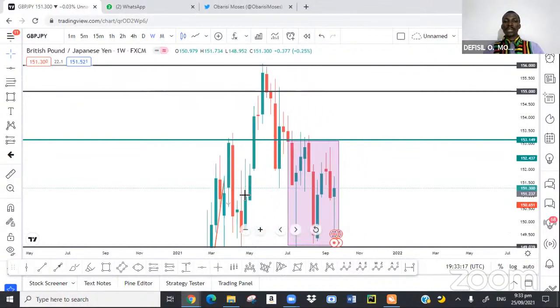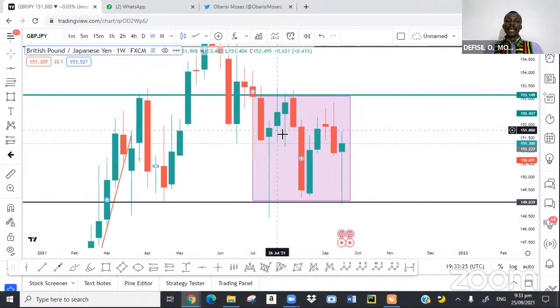Now this is what I'm talking about. This ought to be an area of pullback. After leaving this area, after this upward movement, it came down, it did a pullback here to be the higher low, and it went up here. We failed to trade above this level, which now makes this area a lower high.